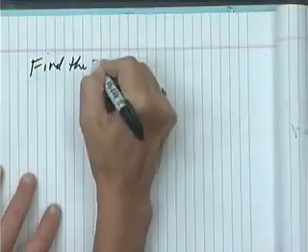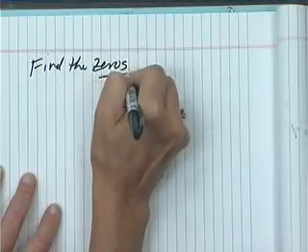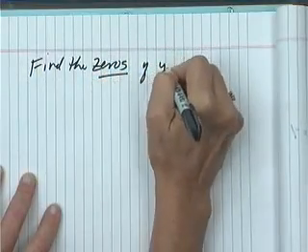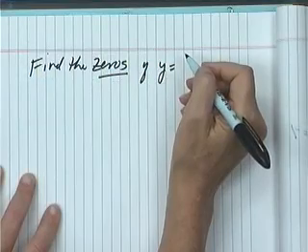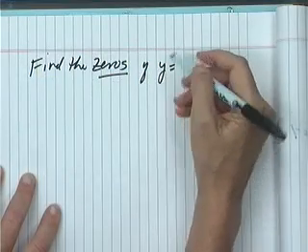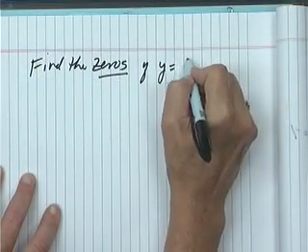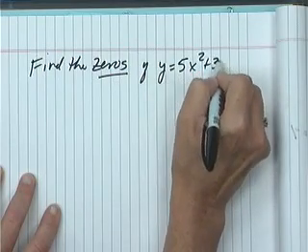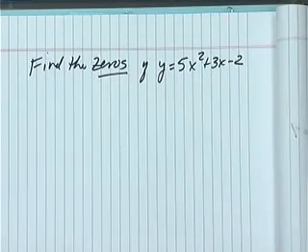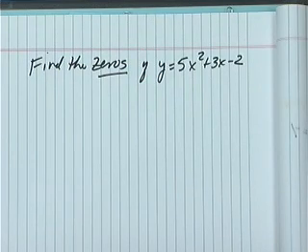Find the zeros. Zeros of, I got these right out of the chapter 0 exercises at the end of the chapter. Y equals 5x squared plus 3x minus 2. Find the zeros of y equals 5x squared plus 3x minus 2. All right, what does zeros mean?